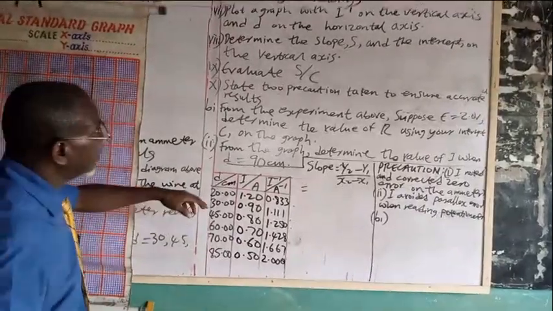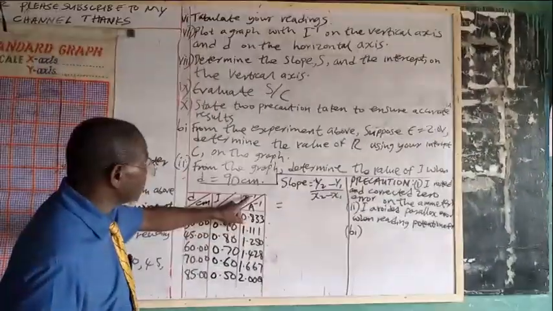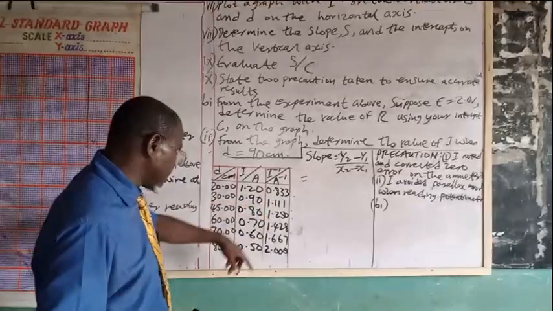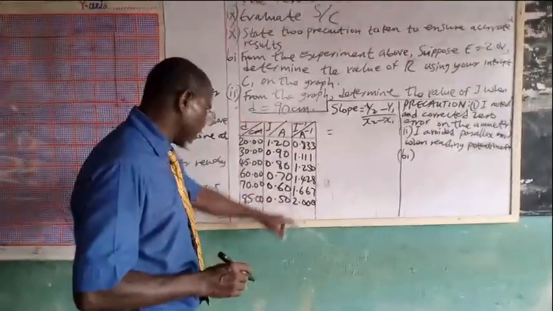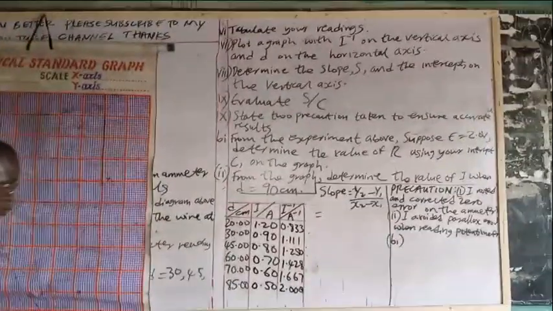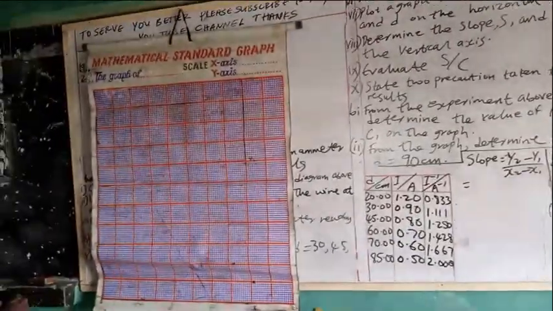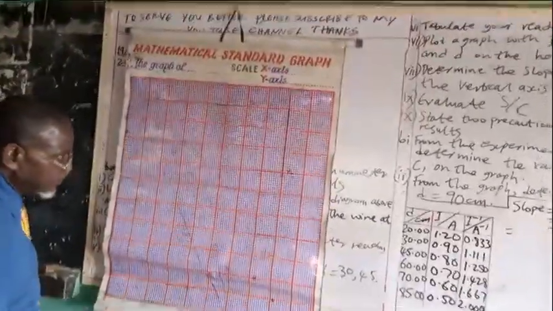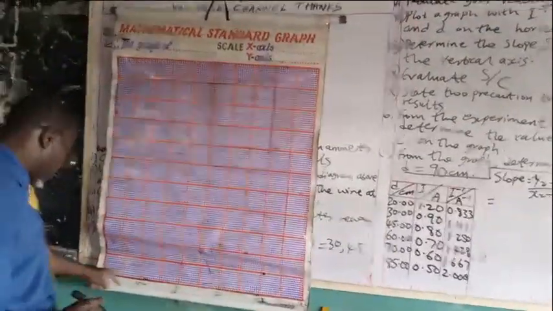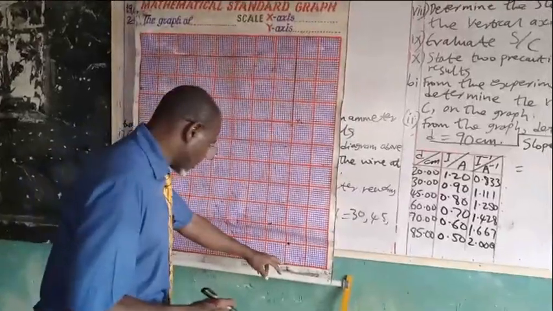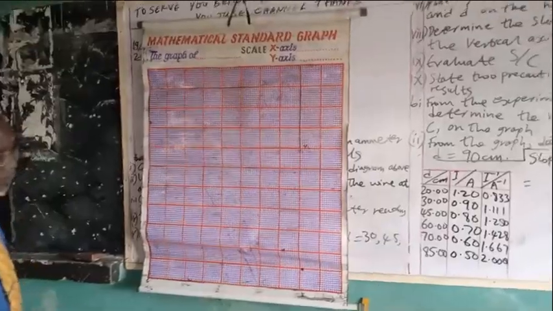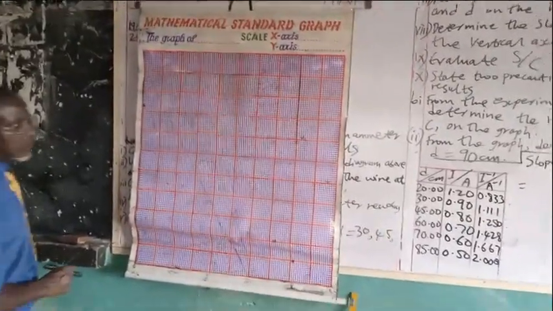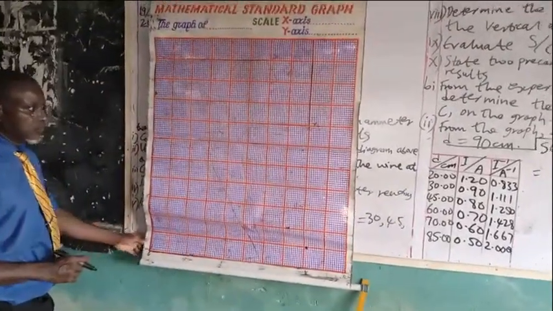Now, the minimum value of I inverse is 0.833, maximum value is 2. So we are going to use 10 small squares equal to 0.5.